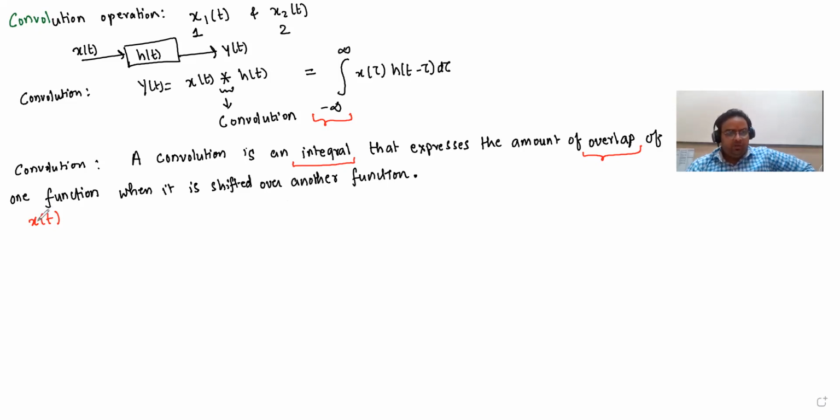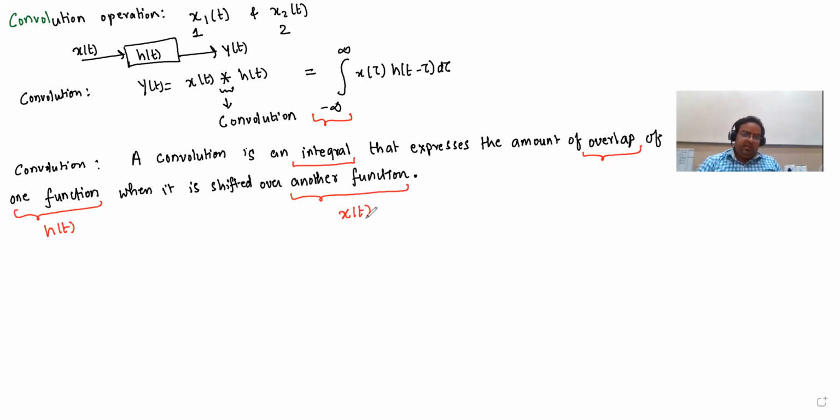For our notation purposes, let us consider it to be h of t only, because we can consider this one function to be either x of t or h of t. Let us consider for this case h of t when it is shifted over another function, and let us say that our other function is x of t.